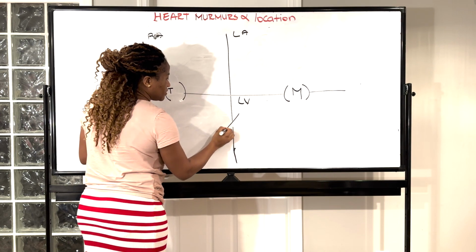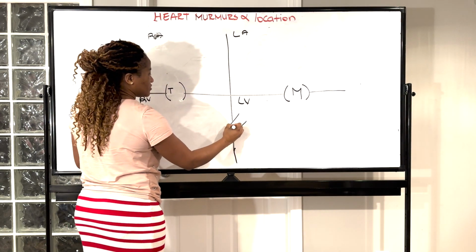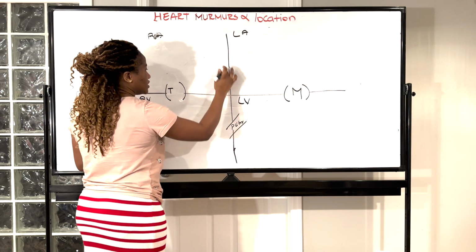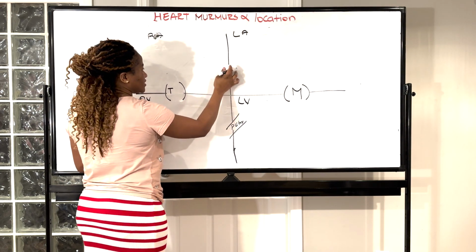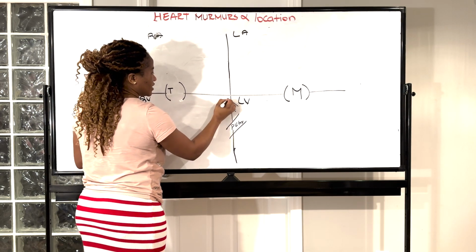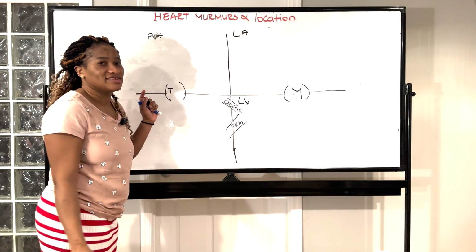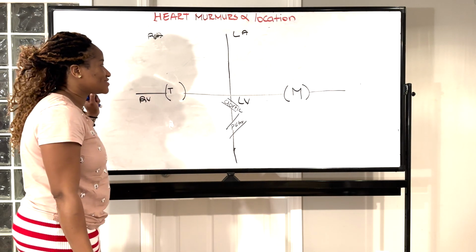Our pulmonic valve is going to come here, and then let's say our aortic valve. This is just a basic drawing for understanding purposes.